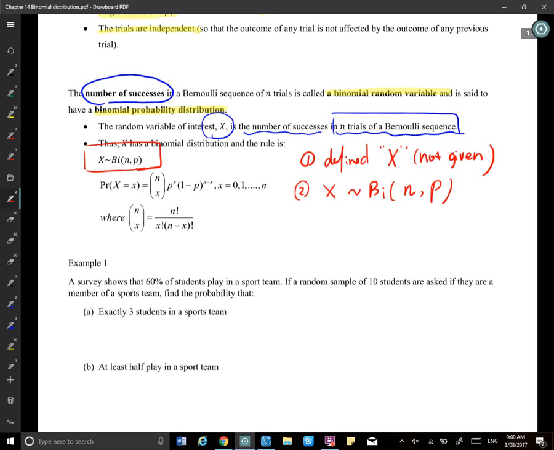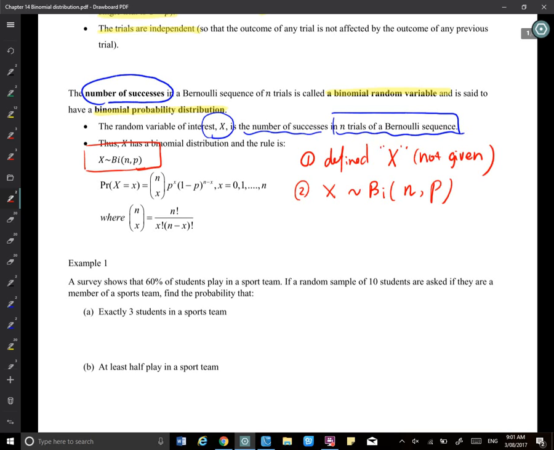It's a capital letter. Second, state that this capital letter is binomially distributed with 10 tosses of the coin and a success probability of 0.5. Okay, state what it is, and then following on, you do the question using formulas. So those are the first two steps you need to do at the beginning.